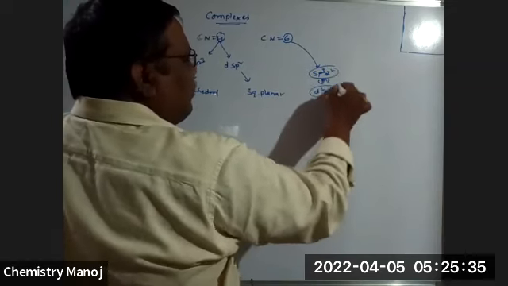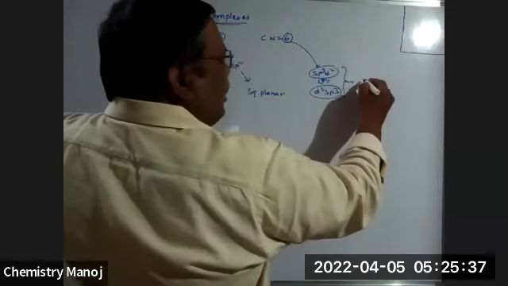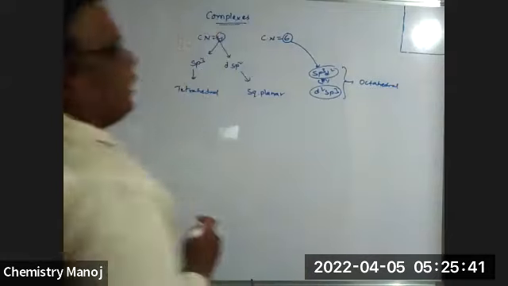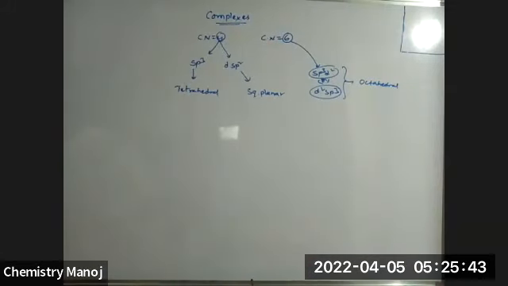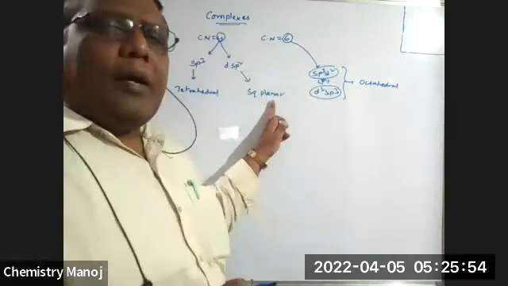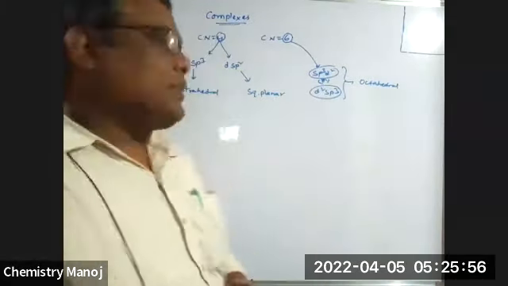Whatever it may be, both cases have octahedral shape. So in our syllabus, we have three types of complexes: tetrahedral, square planar and octahedral complexes.